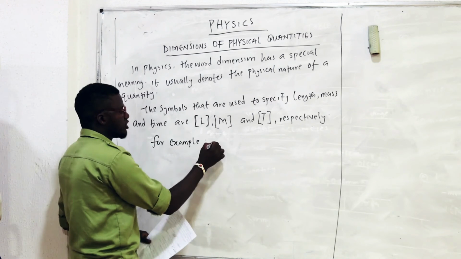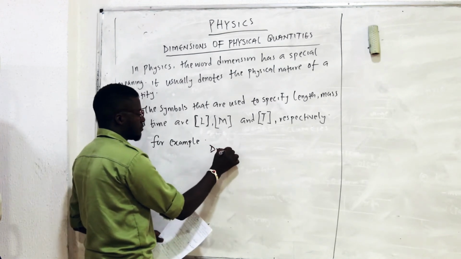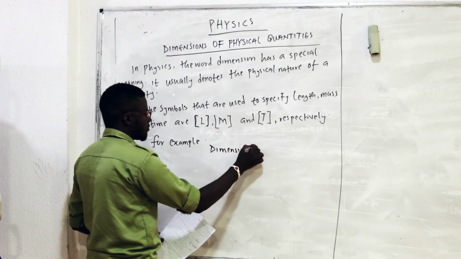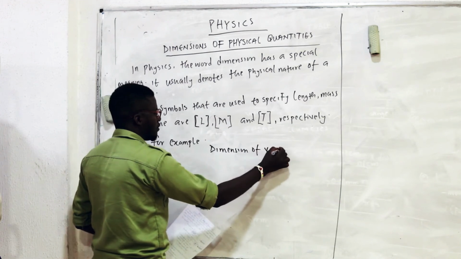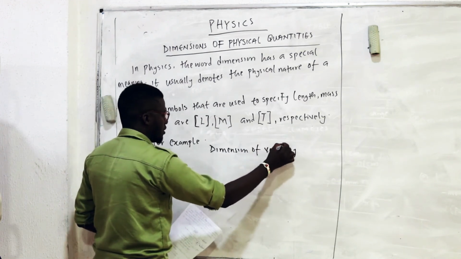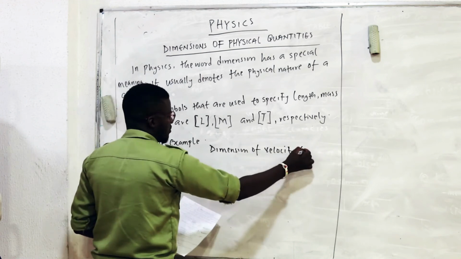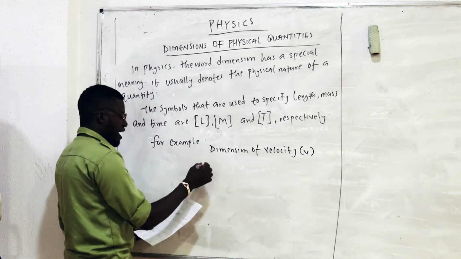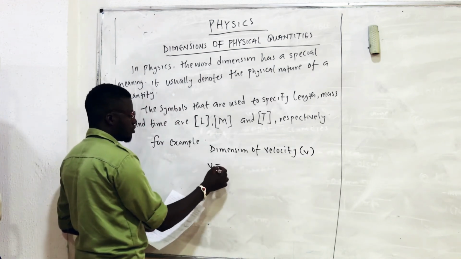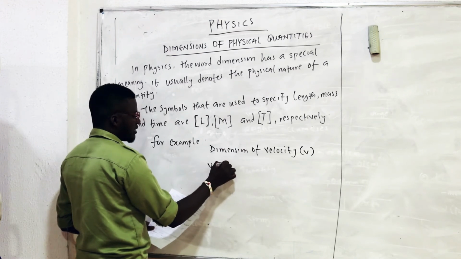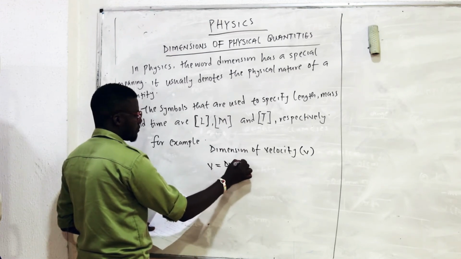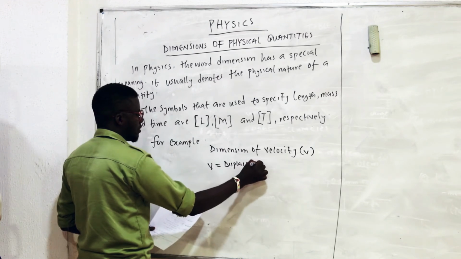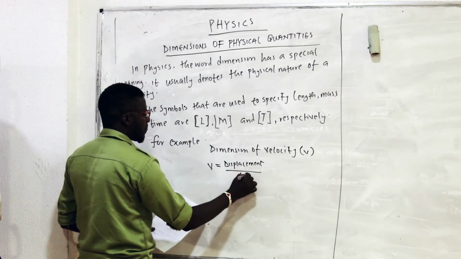Now, for example, if I want to get the dimension of velocity, which is given as v, I know velocity v is equal to displacement over time.